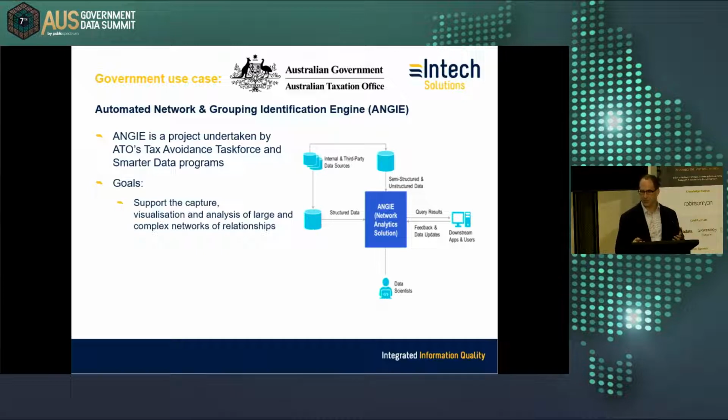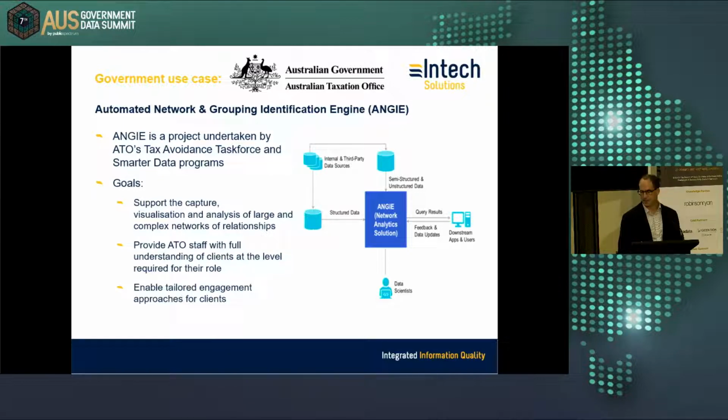So the goal of this project is to provide ATO staff with a full understanding of the clients they interact with at the level they require for their role, to enable a tailored engagement approach for each client. And that's actually where this concept of what's your next action comes in.